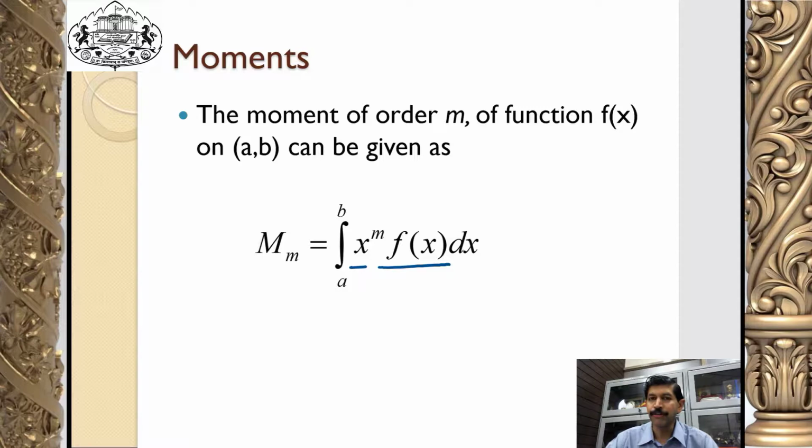So this is function f of x, and when we raise x to the power m, we say that this is the mth moment. We take the dot product and then also take the integral in the range a to b. So a to b could be the range of non-zero existence of these two functions. So this is our definition of moments.